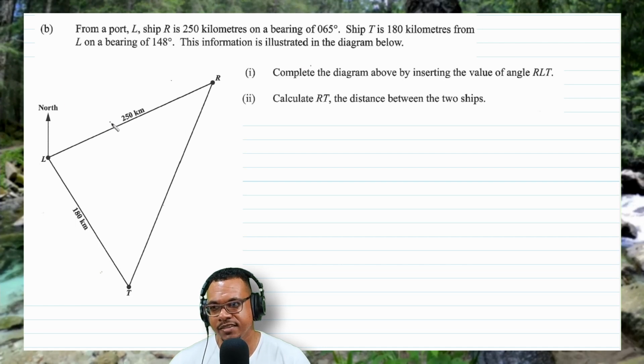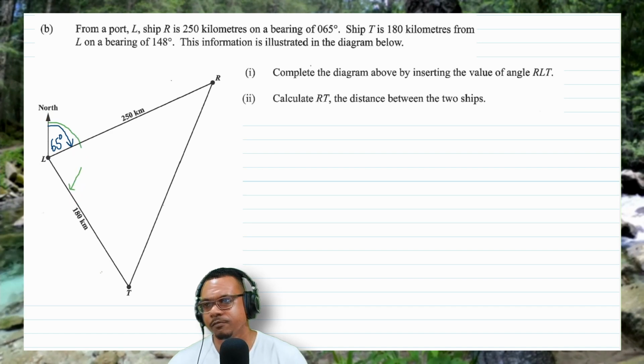So if you're going in a clockwise direction from the north line, which would be like this, will be 65 degrees. And then we have ship T is 180 kilometers from L. So T is 180 kilometers from L on a bearing of 148 degrees. So again, from L, we're going 148 degrees in a clockwise direction to T.